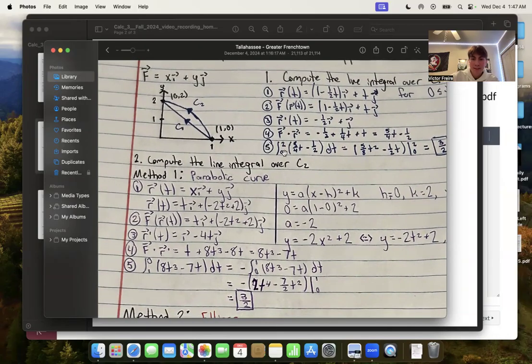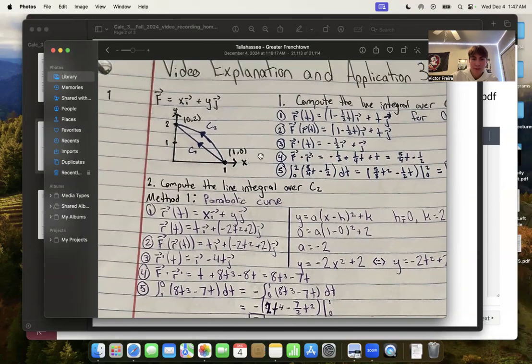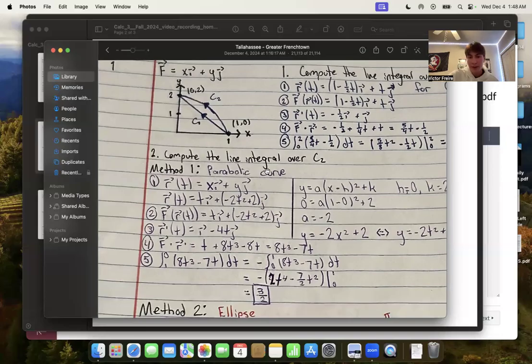Because we're doing C2 right now, right? So C2 is this right here, right? So we want to use like a parabola that's pointing downwards, and we want to evaluate it from here to here, right? So let's just start by finding the equation of the parabola, right?